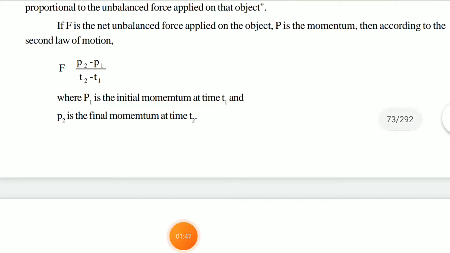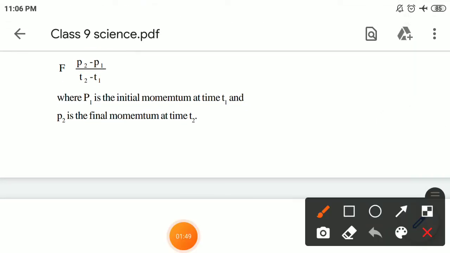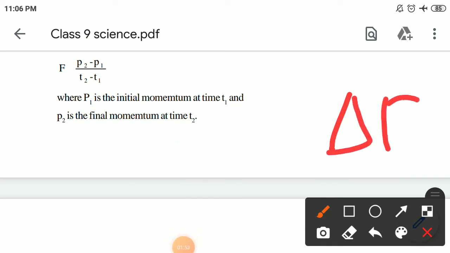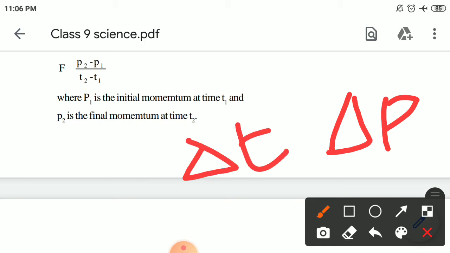Now children, as you can see, we can write that P2 minus P1 as del P, and T2 minus T1 as del T, because we don't know the exact value. So del P and del T are very small differences between the final and initial momentum, and between the final and initial time duration.